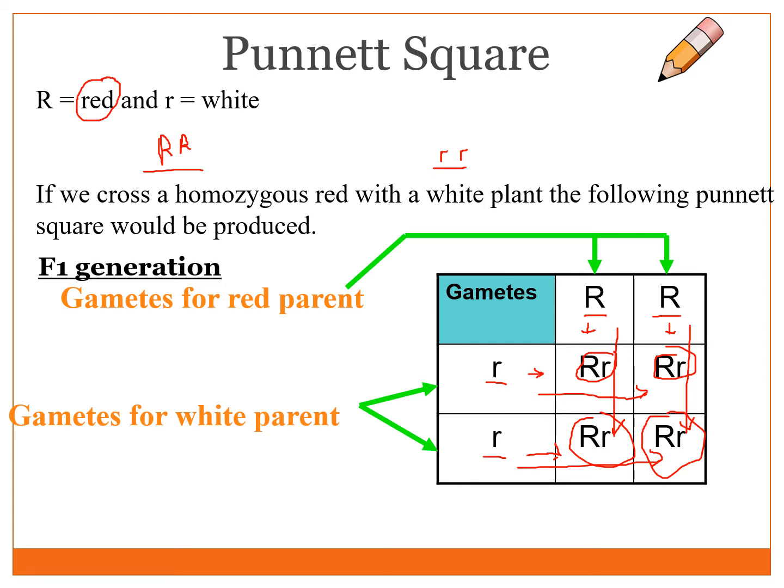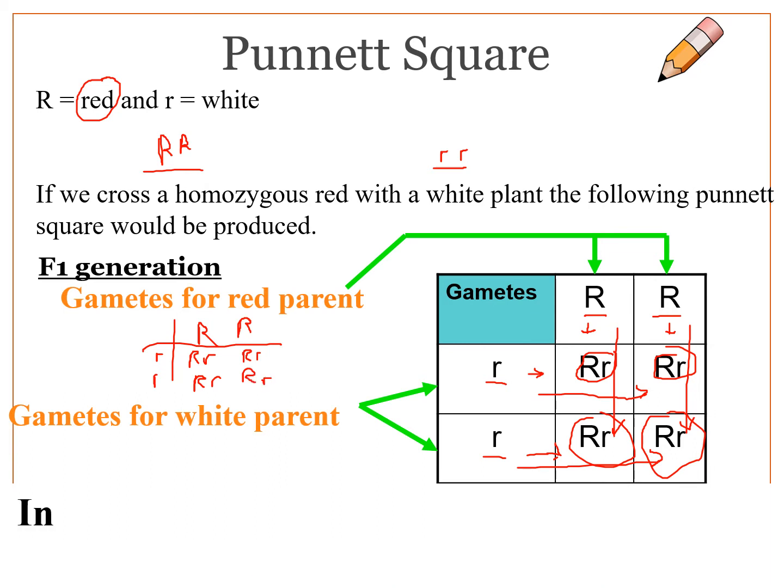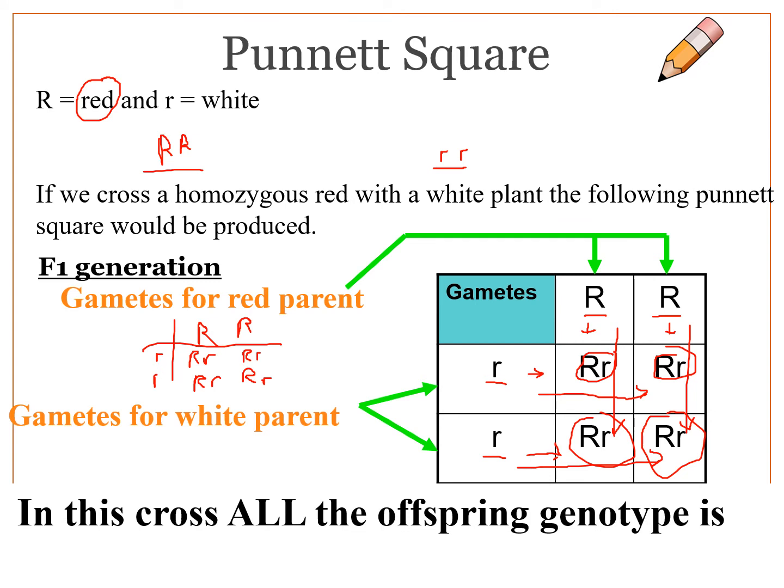Now you don't have to do it in a table, you can just do it like that. You just make a little square and you put your big R, small r, and then you get big R, small r, big R, small r, big R, small r, so you get 100% big R, small r, and 100% red.